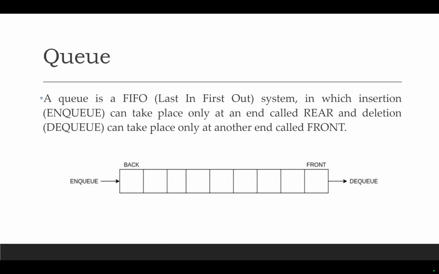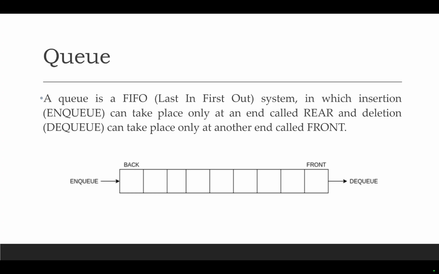So in first in, first out, the data elements stored first will be accessed first. But in a stack, the data element which is stored last will be accessed first. So that is the difference between the stack and the queue. For example, in any queue of consumers for a resource, the consumer who came first will be served first.